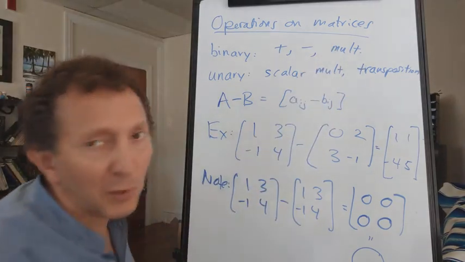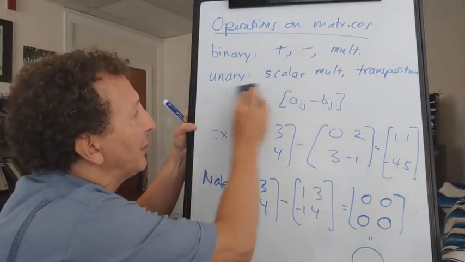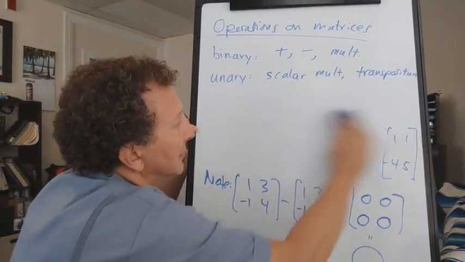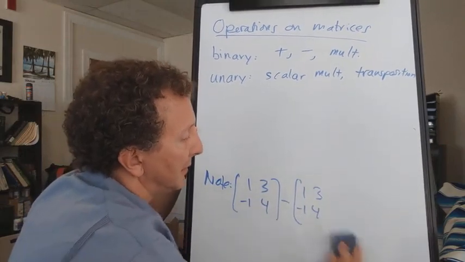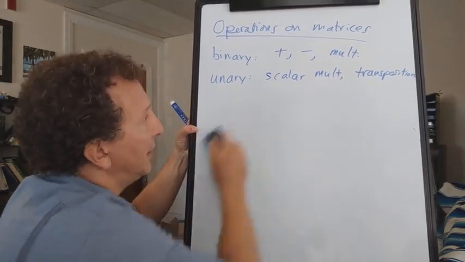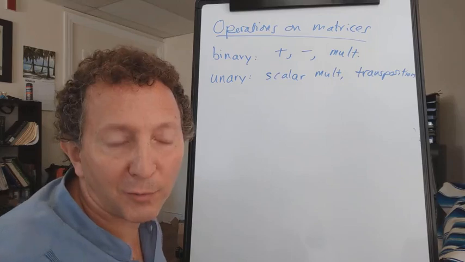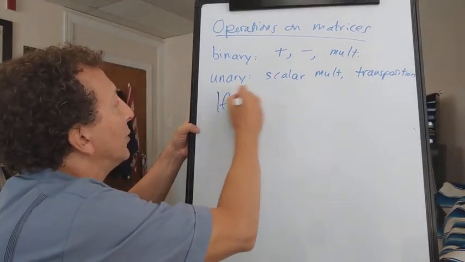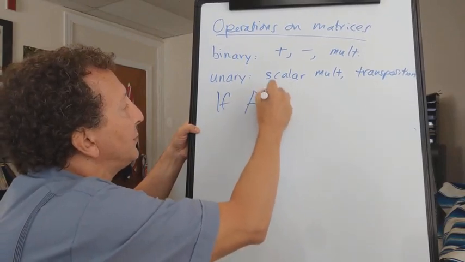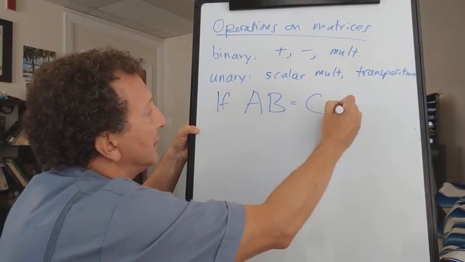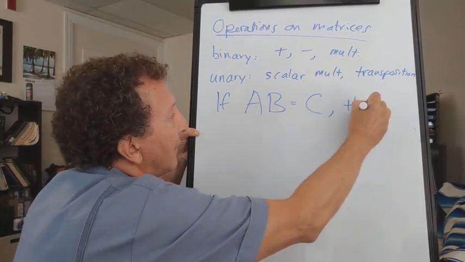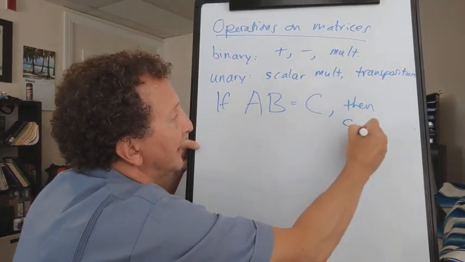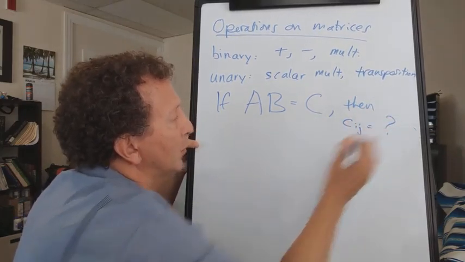Let's look at matrix multiplication, which we've done before, but I want to look at it a little more closely. In particular, I want to write a formula for the ij entry of the product matrix. So if A times B equals C, then Cij is what?